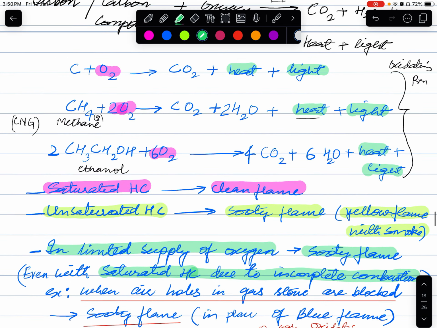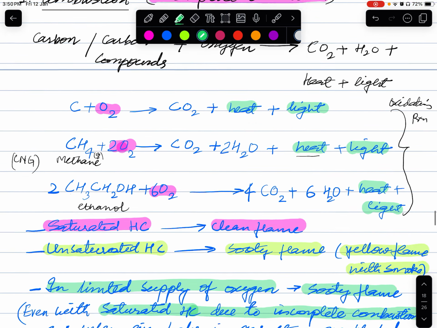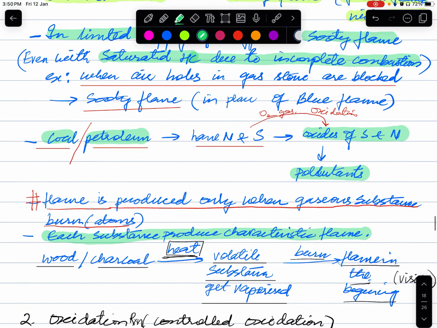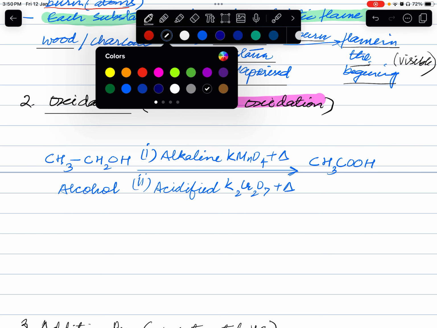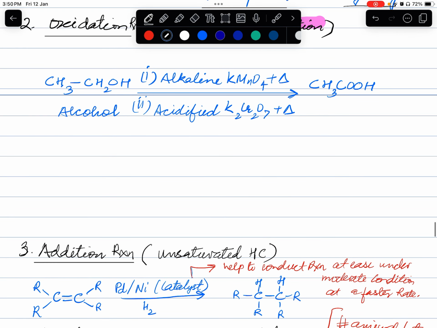The next reaction is oxidation. Now, the first one was combustion, which we called complete oxidation, and this next one is your oxidation reaction, which we are calling controlled oxidation. Okay, so what is the meaning of this? Always remember that we have a sequence of oxidation, that is, oxidation does not take place in one step.